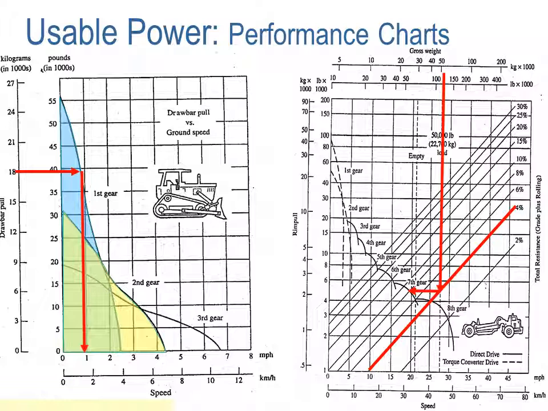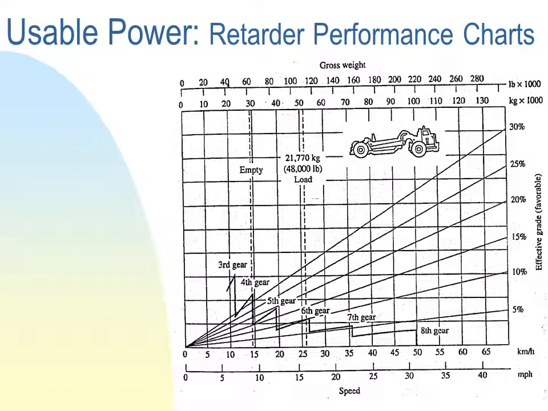And when you move horizontally, you will hit the curve for the gear, and then you move down and you'll get your speed. This is how you could use such a chart in order to correlate the different types of powers we talked about. And also, this is what we call the retarder performance charts. If you are moving downhill, you'll use these charts.